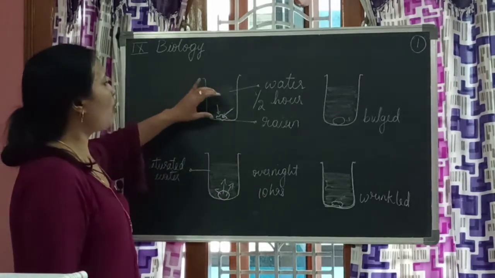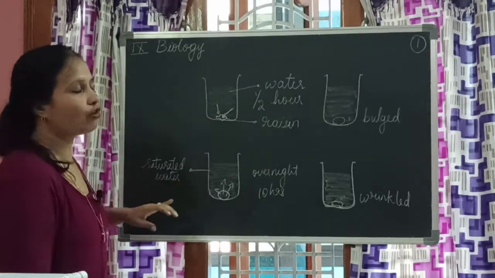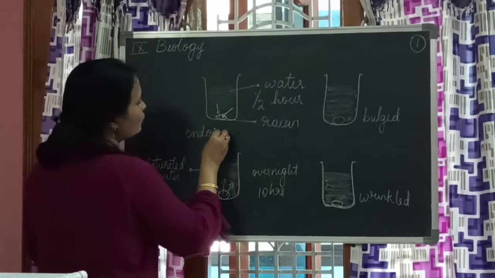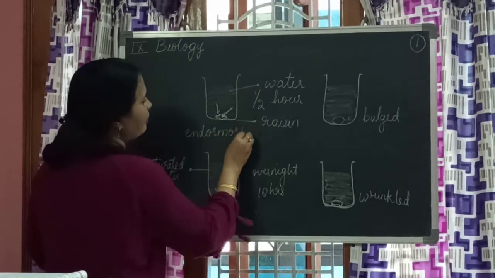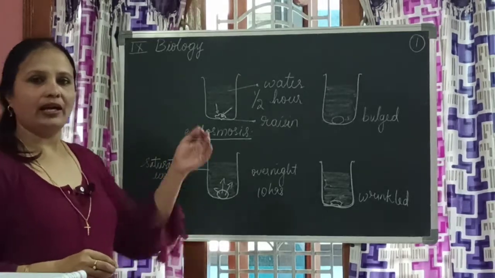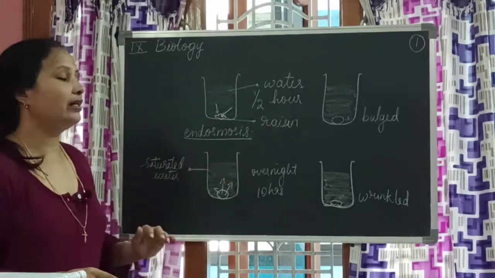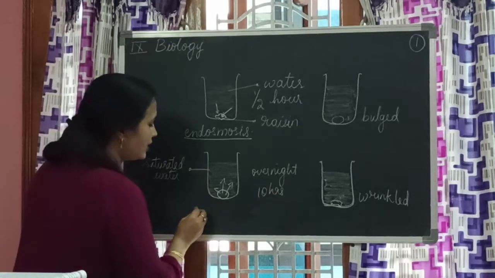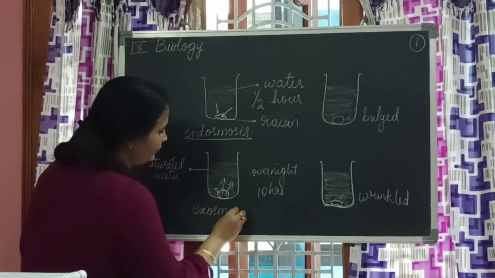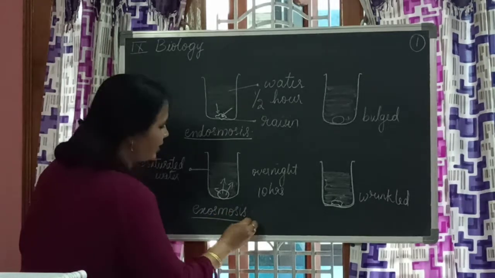Now when water is entering into the raisin, we call it endosmosis. Remember it like this: endosmosis, enter. Next, this is exosmosis. Water is going outside, means exit.